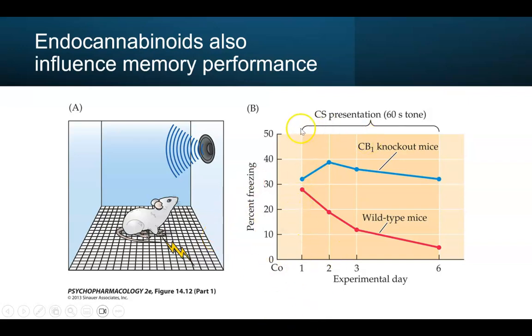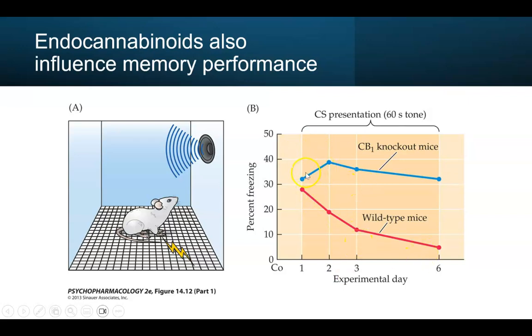The tone is presented for 60 seconds before the foot shock, and you can see over a period of several days that wild type mice, so standard normal mice that aren't having any modifications to their cannabinoid receptors, show extinction as they are repeatedly exposed to this. Here you can see that when the tone is presented on its own, you get that extinction.